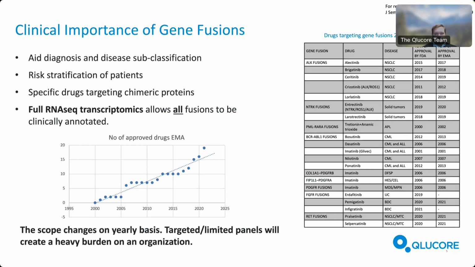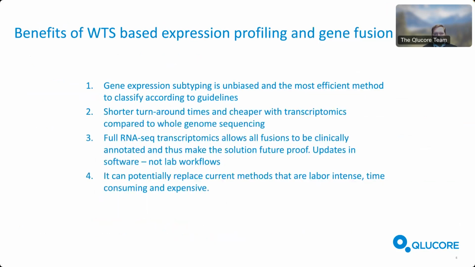pathology. So if we summarize the benefits of whole transcriptome sequencing-based expression and gene fusion detection, we end up with the following. Gene expression subtyping is the most efficient method to classify according to the latest guidelines from WHO. It has a shorter turnaround time and is cheaper than whole genome sequencing.